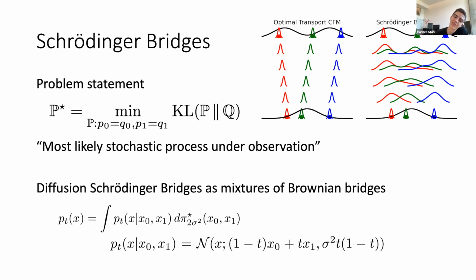But if we have the Schrödinger bridge, then the KL divergence of the marginals of our process is minimal with respect to the marginals of which process? Like some Brownian reference.